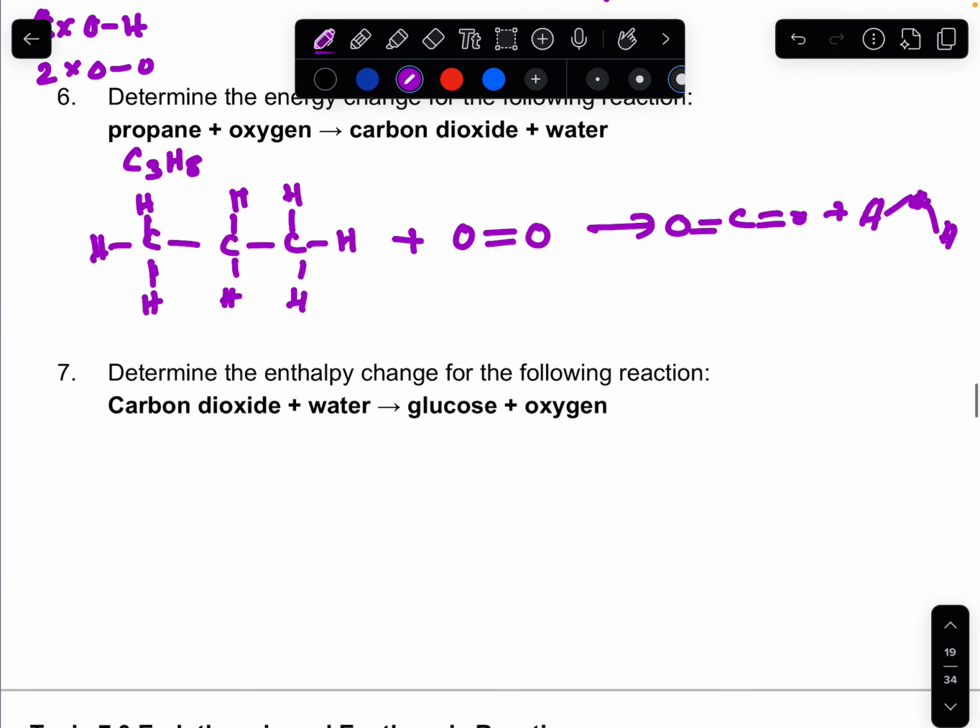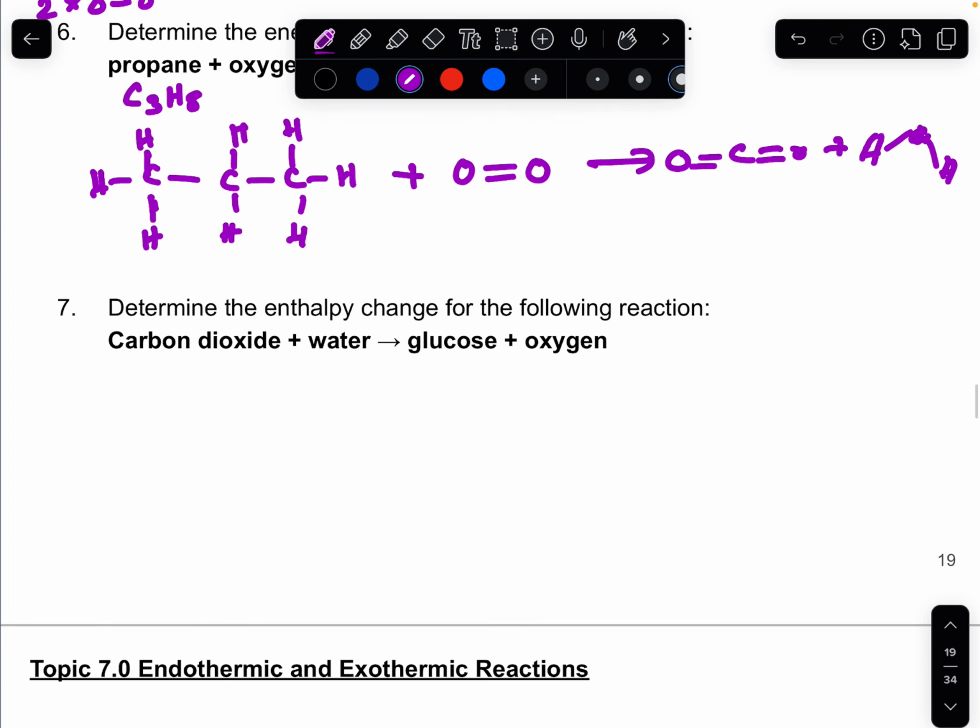Then do the calculation, and remember you have to calculate all the bonds. Next one, carbon dioxide and water, C double bond O plus H2O, which is H-O-H, and glucose, C6H12O6. That is the formula for glucose.